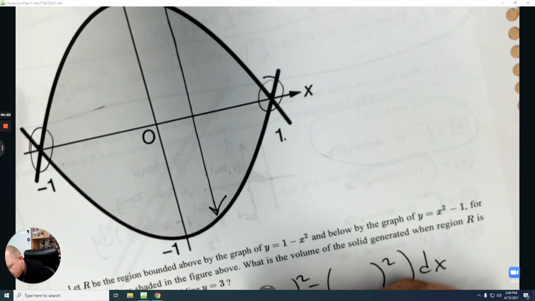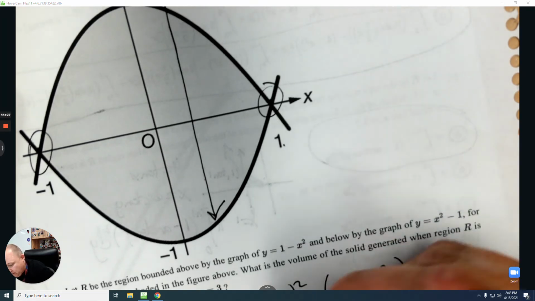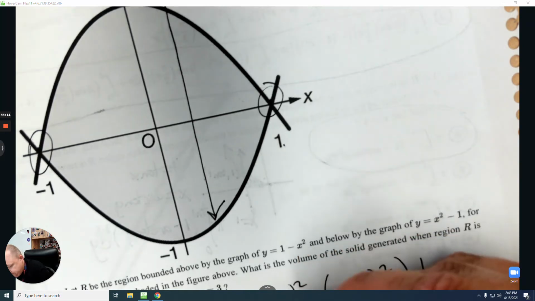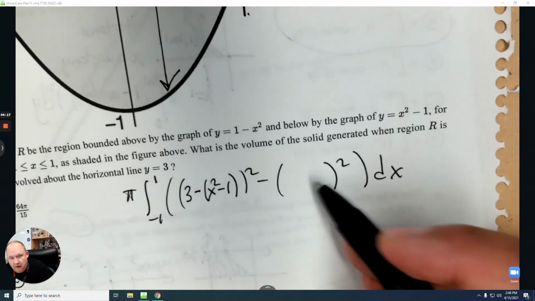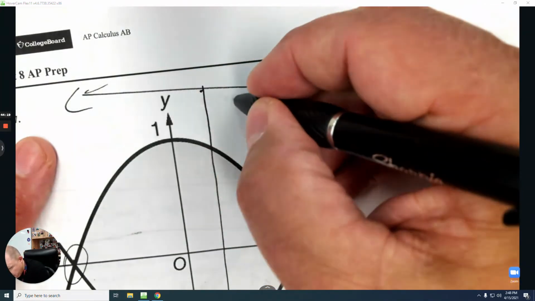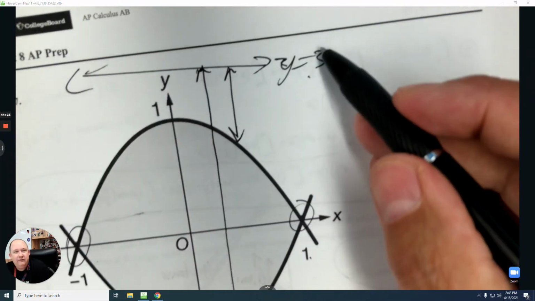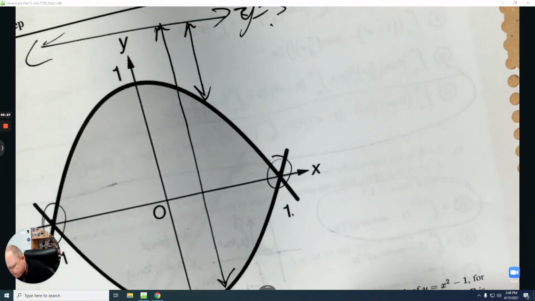So we're going to do that. 3 subtract, the bottom is 1 minus, or x squared minus 1. And then the smaller radius is this radius right here. So that's the 3 subtract the parabola that's concave down.